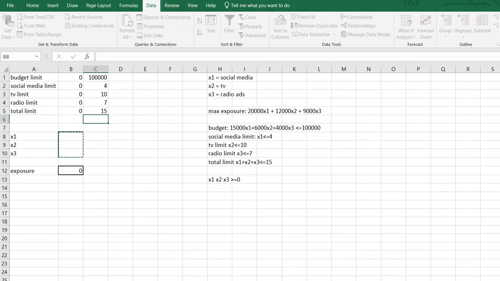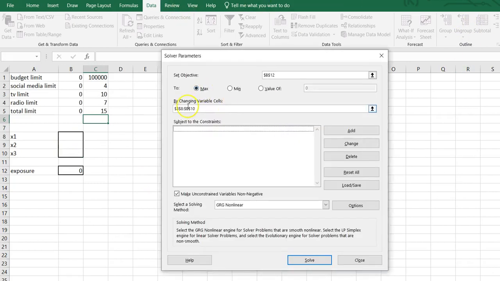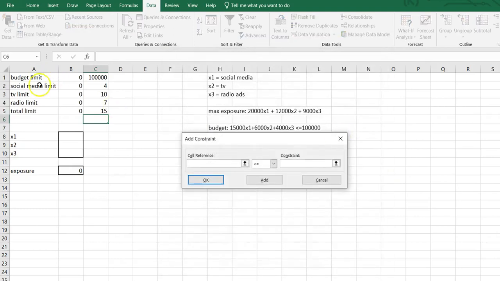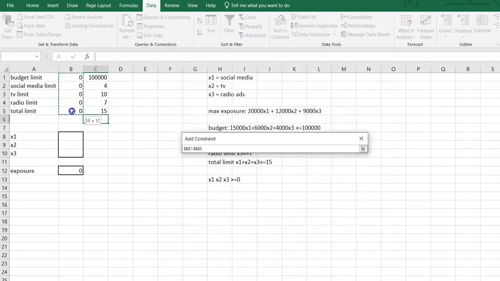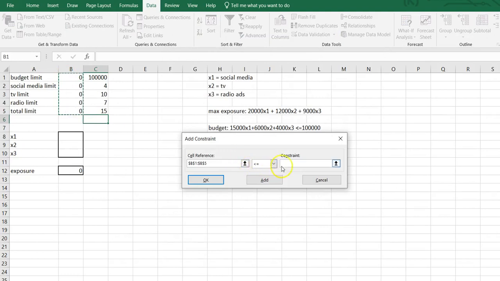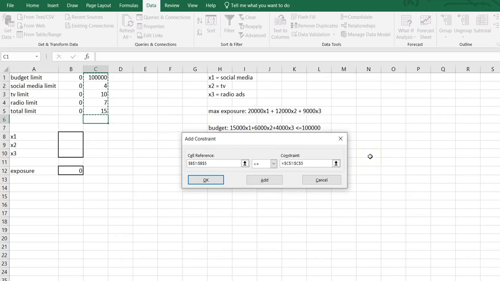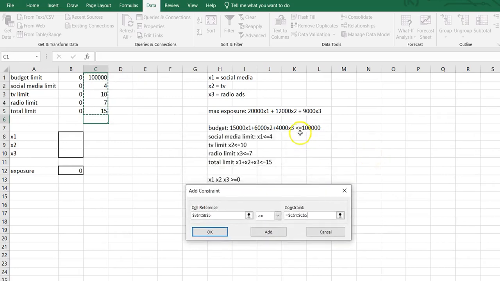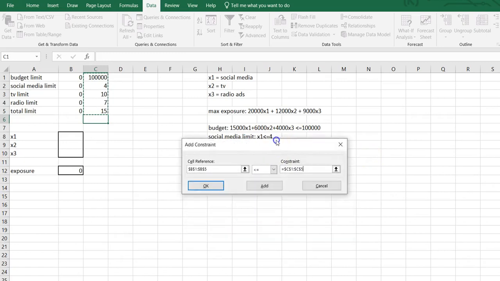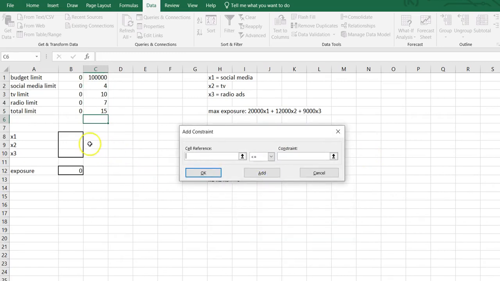I lost my solver. There we go. By changing B8, 9, and 10, our constraints were all the same, less than or equal to. So I can add B1 through 5, less than or equal to C1 through 5. I can do that because they were all less than or equal to. Add, and always our decision variables greater than or equal to 0. Let's see what happens.